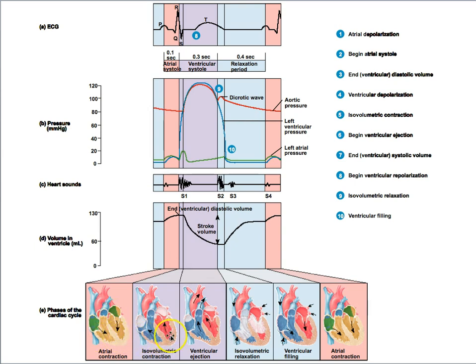The consequence here is you've changed the pressure inside here, and now you've increased it, and therefore you cause contraction. That contraction leads to ventricular ejection, and that ventricular ejection leads to a drop in pressure here, but notice what's happening inside here.